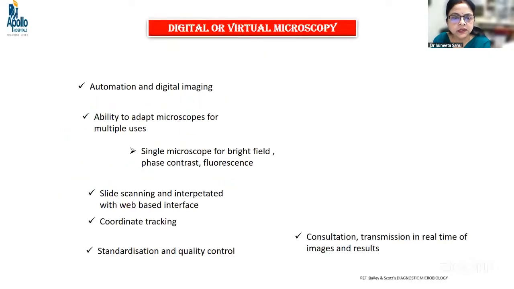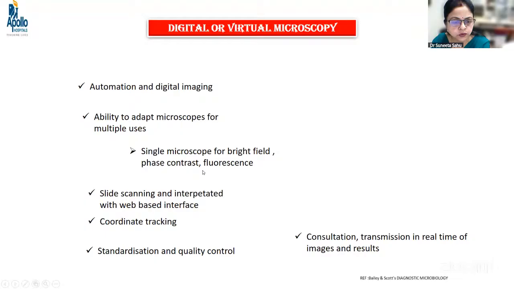Now coming to digital or virtual microscopy. Automation and digital imaging can be done. It has the ability to adapt the microscope for multiple uses, like the microscope can be changed into bright field with certain accessories.